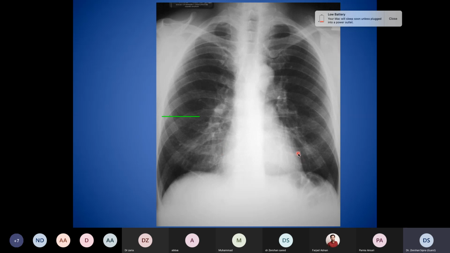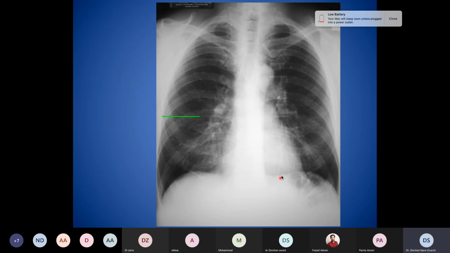Similarly, when there is silhouetting of the left heart border, it means there is loss of the left heart border; we cannot appreciate it. Similarly, there is silhouetting over here as well. There is a diaphragm appreciable behind the heart shadow, even. We can appreciate there is a less dense lung as compared to the diaphragm as well as the abdominal organs.